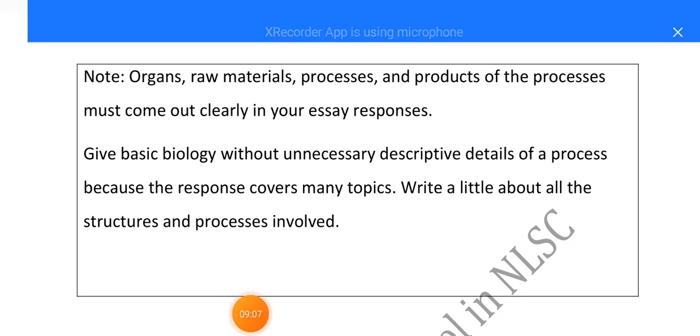Don't begin talking about digestion and then mastication, the process of swallowing, how food moves from there up to the duodenum. So you should be brief, since these areas cover very many organs or very many topics. They are saying write a little about all the structures and the processes which are involved.